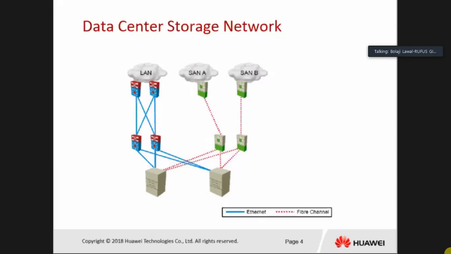This data center storage network view shows us a topology of how Ethernet is being run, redundancy is being removed, and how fiber channel is being run over a SAN network.